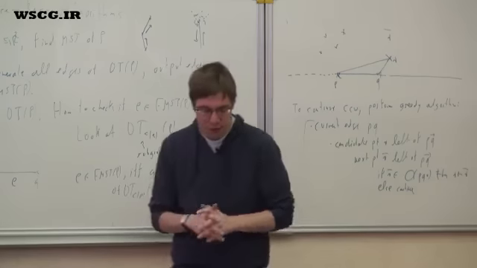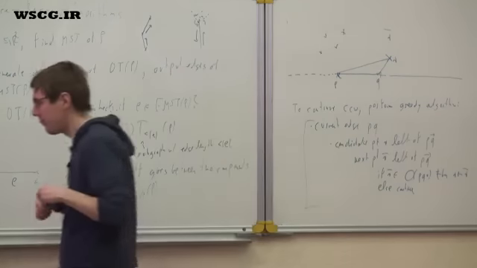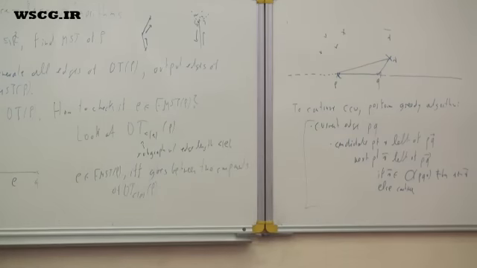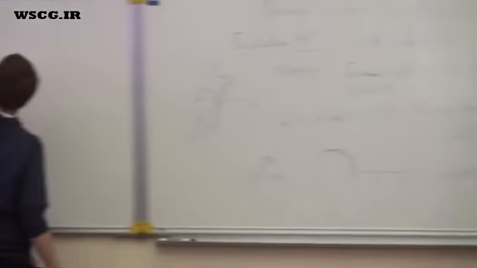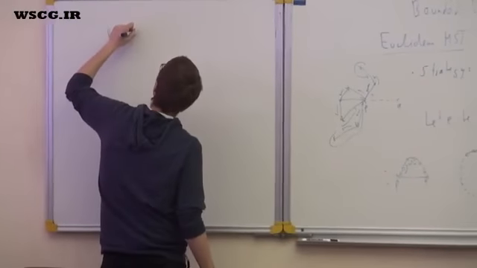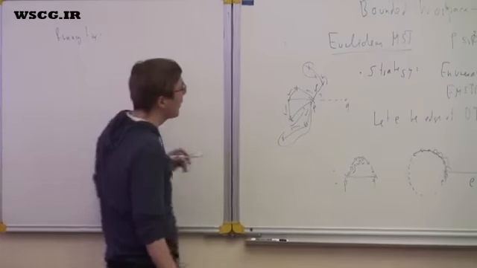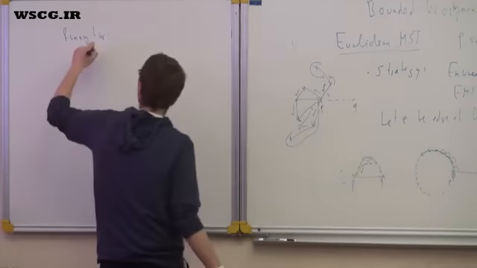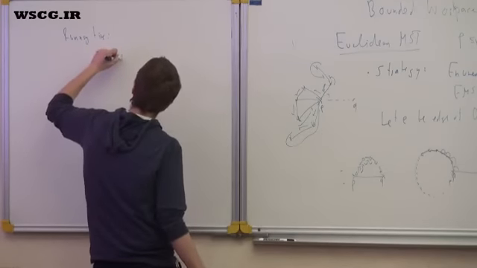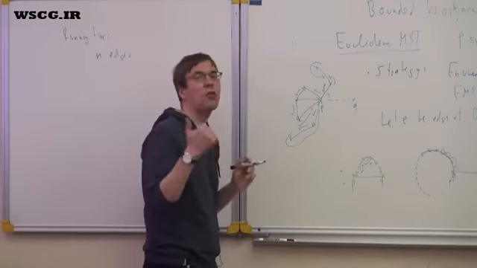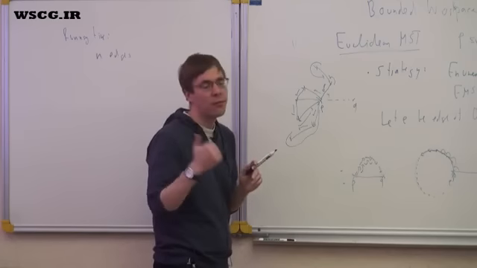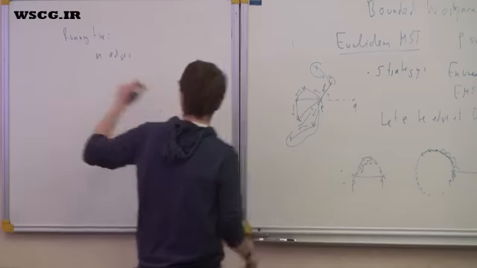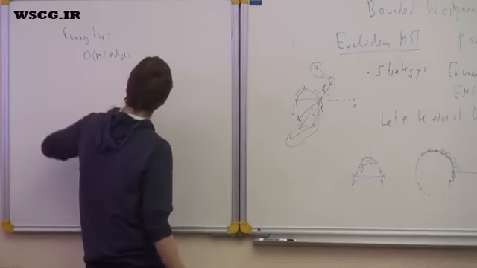Okay, and so for the running time, how long does this take? So the analysis, what is the running time? We have n edges, O of n edges in the Delaunay triangulation.